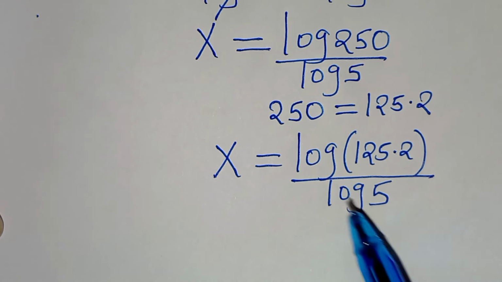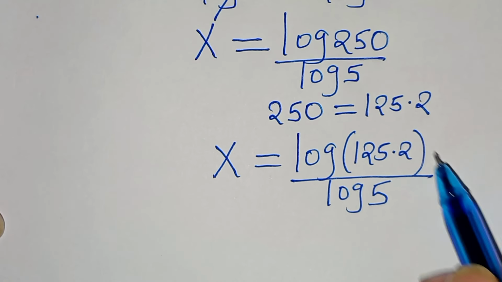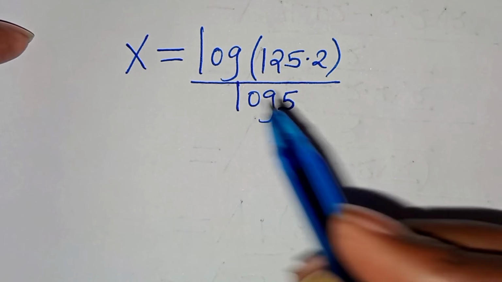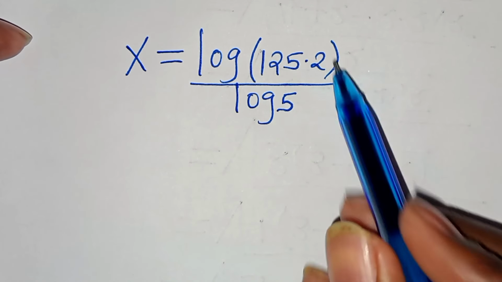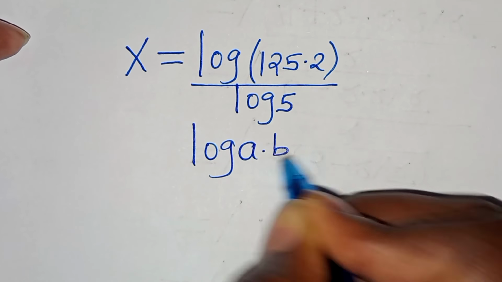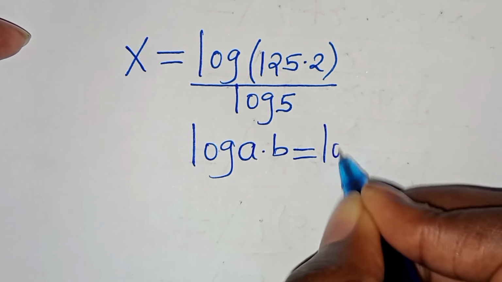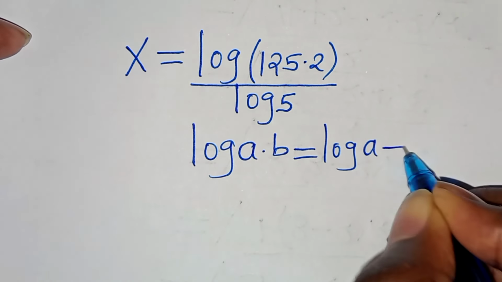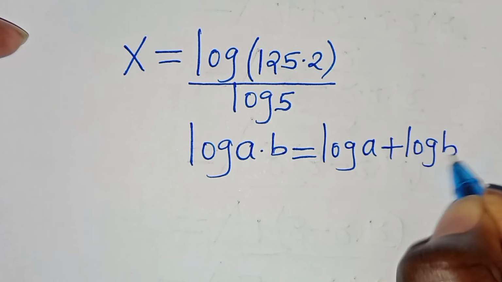The next step is that we have log 125 times 2. This is in the form of log a multiplied by b, which is equal to log a plus log b.